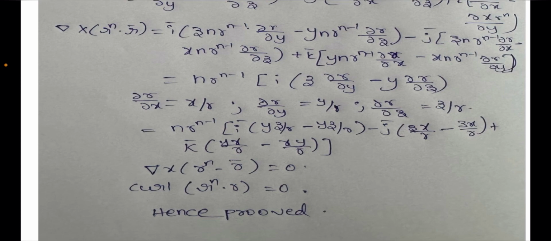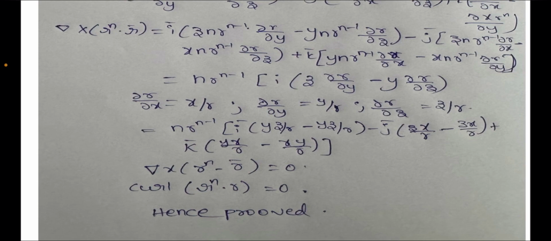That implies del cross r power n r bar equals i bar into (z n r power n minus 1 dou r by dou y minus y n r power n minus 1 dou r by dou z) minus j bar into (z n r power n minus 1 dou r by dou x minus x n r power n minus 1 dou r by dou z) plus k bar into (y n r power n minus 1 dou r by dou x minus x n r power n minus 1 dou r by dou y).